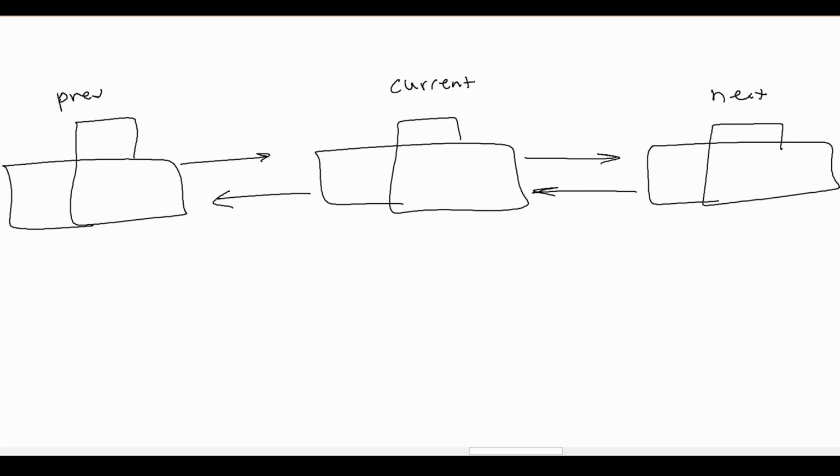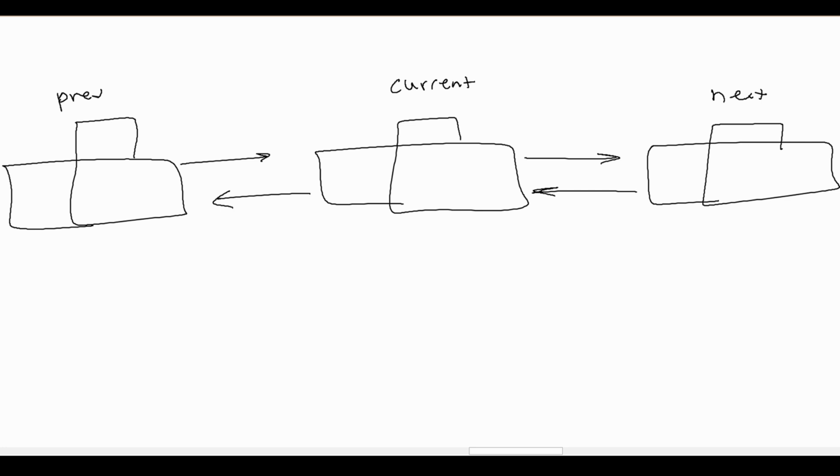So what we're going to want to do is we can do either the previous or the next one first. I'm just going to do the previous one first. So we're looking at current. That's what we're looking at. I'm going to do these in red. The first thing that we're going to want to do is get the previous, this one right here. We're going to look at the previous and set the next value.